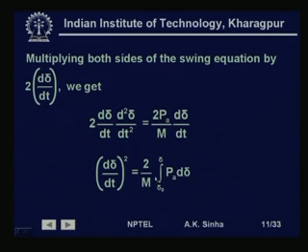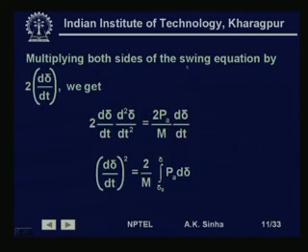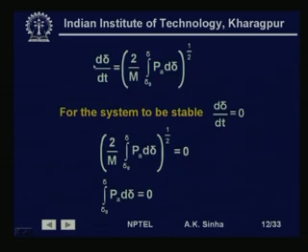From this we can write d delta by dt is equal to the square root of 2 by m integral Pa d delta from delta 0 to delta.